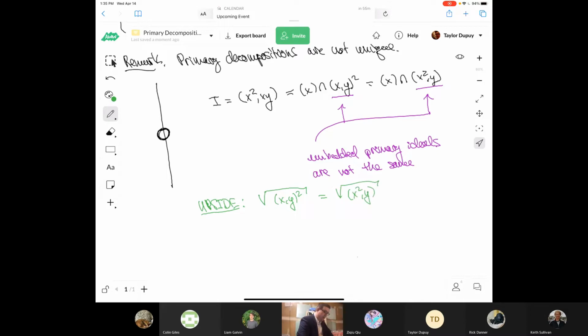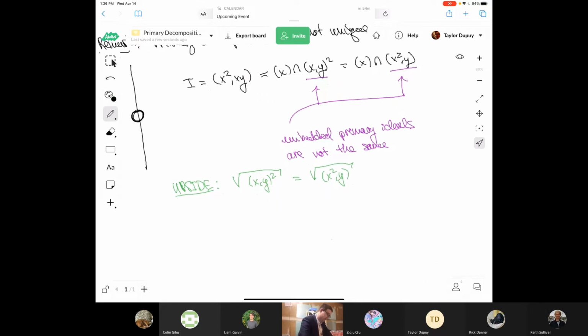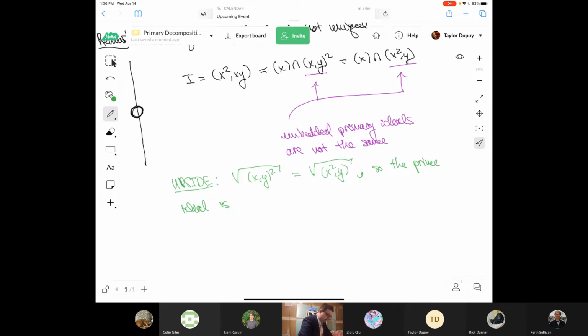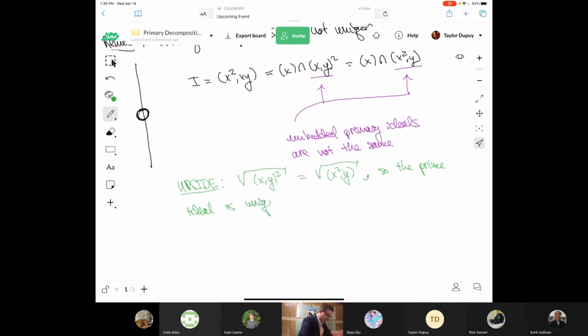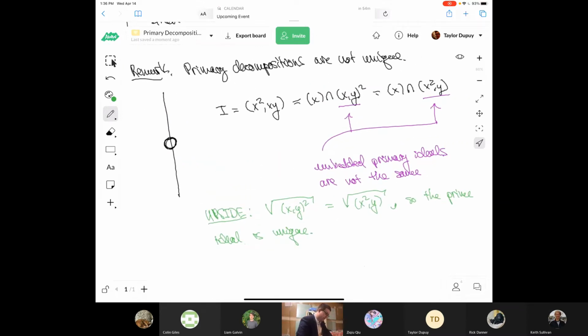The embedded primaries are not the same, but the embedded primes are the same. So the prime ideal, let's do this in green still, the prime ideal is unique. This is the negative part of this.